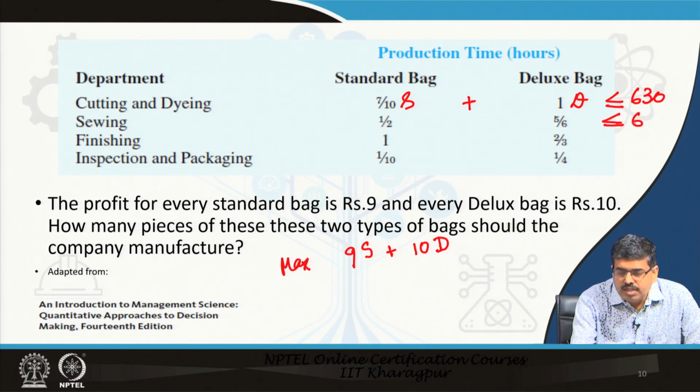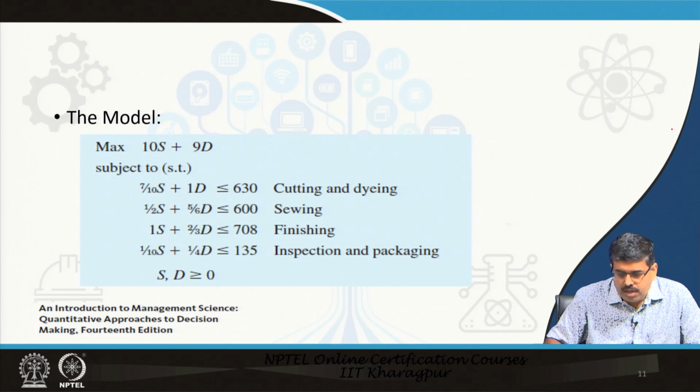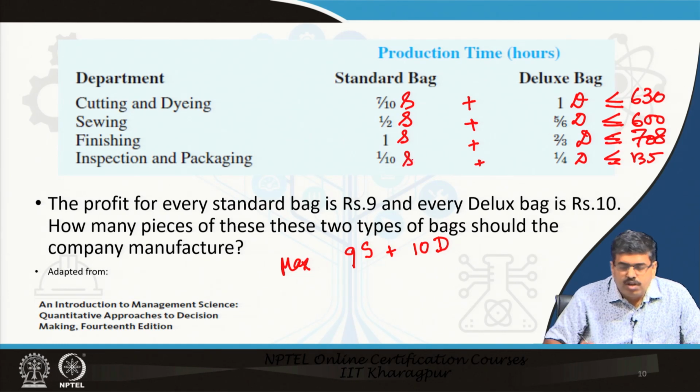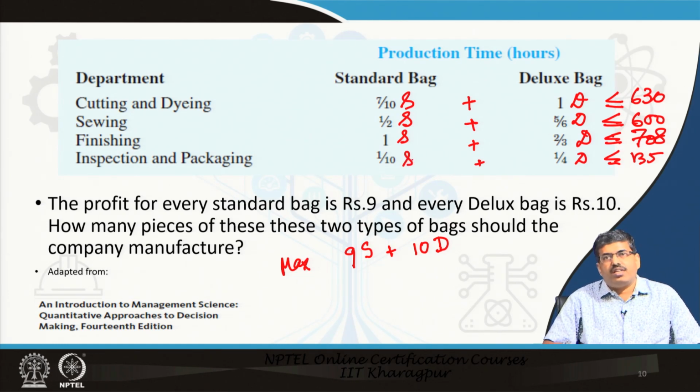For sieving, 600 hours are available, half of S plus 5/6 of D. Then 1 of S plus 2/3 of D, I think this is 708 if I remember correctly, yeah, and 135. Okay. So, is this clear?